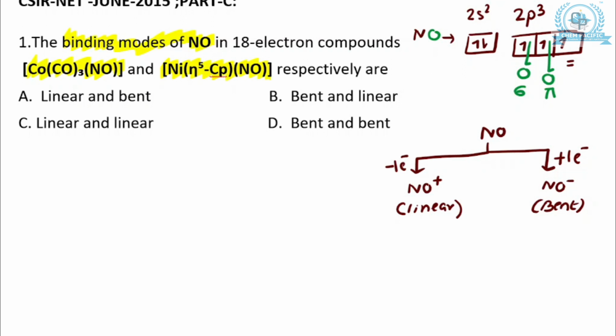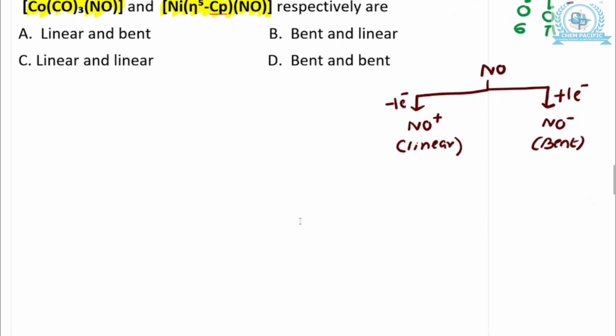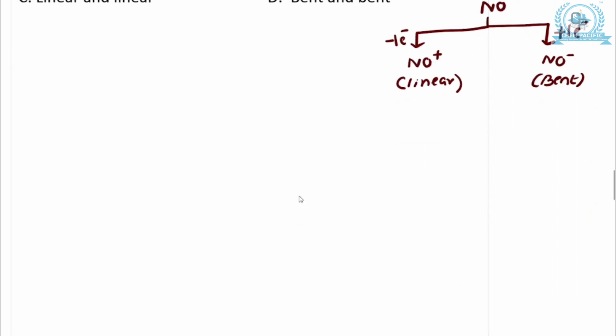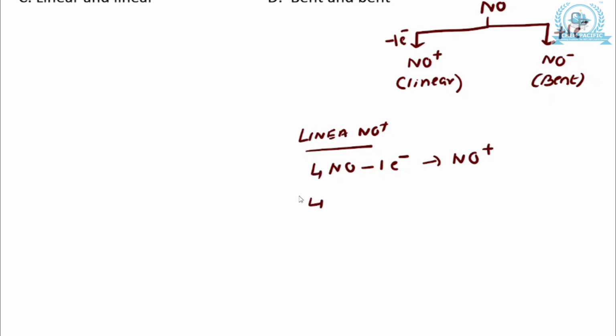Now see students, we have to see how linear nitrosyl is a 3-electron donor. First of all, let us discuss the linear nitrosyl. What happens is that this nitrosyl first gives out one electron to a metal, resulting in the formation of NO+.